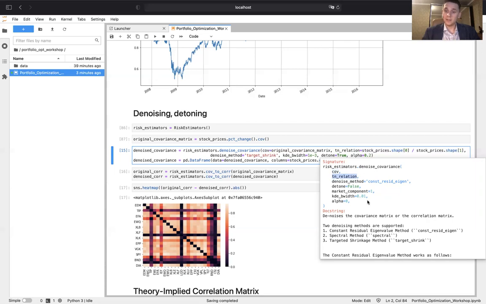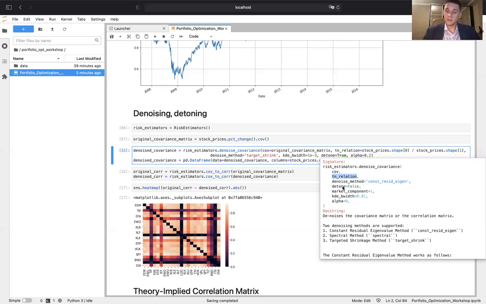Tn relation is simply the number of data points which are used to estimate the covariance matrix divided by the number of assets in your matrix, which is basically, as you can see here, the number of rows of our stock prices divided by the number of columns in our stock prices matrix.